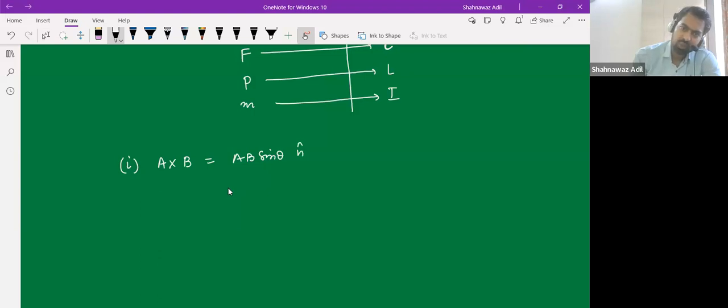What is this n cap direction? Let's say you have two vectors, A and B, and you are taking the cross product of A and B, and you are finding out the direction of A cross B.